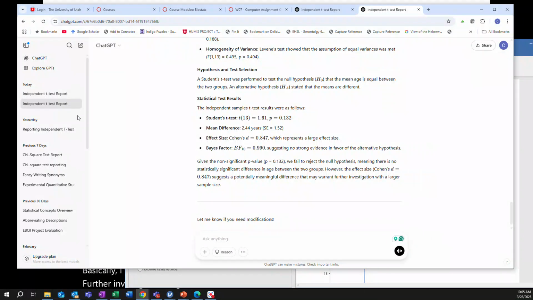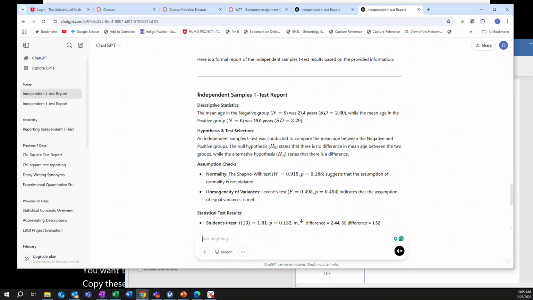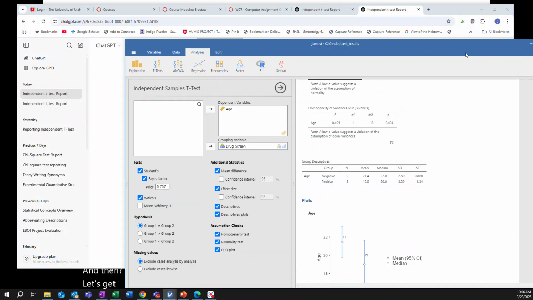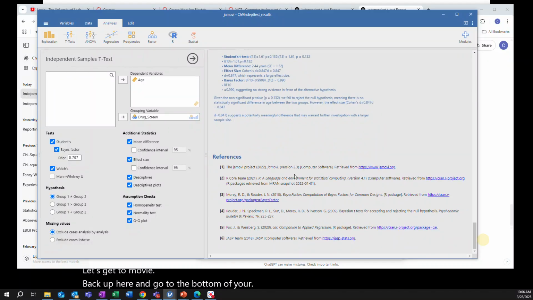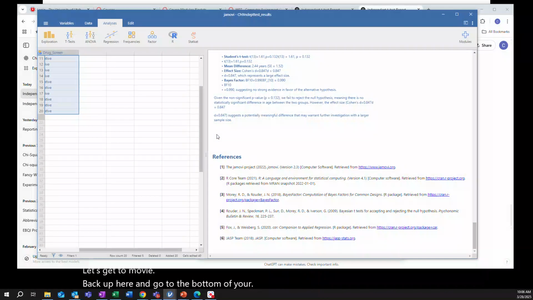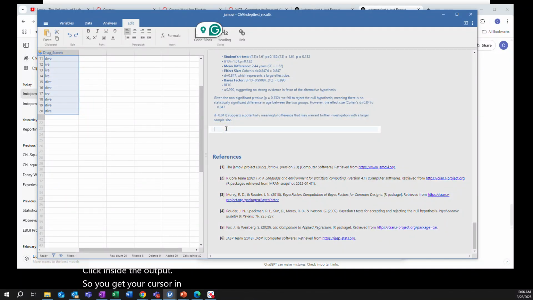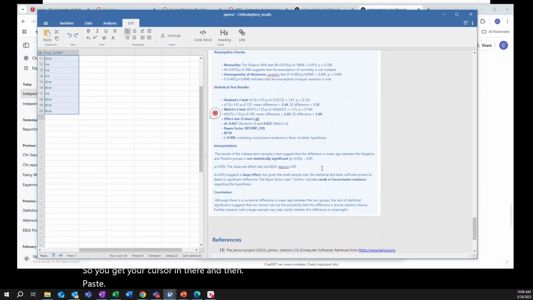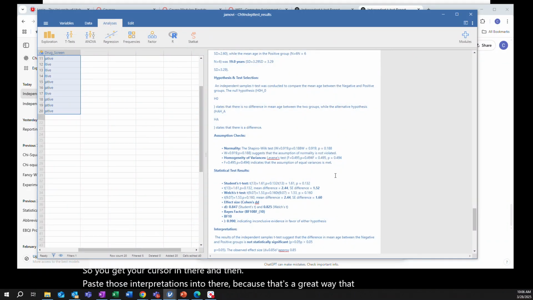So you want to copy these interpretations, and then let's get Jamovi back up here and go to the bottom of your page, click inside the output till you get your cursor in there, and then paste those interpretations into there, because that's a great way that you can save this for later and not lose it.